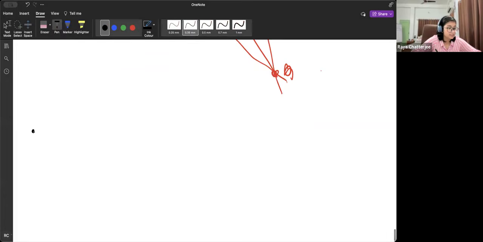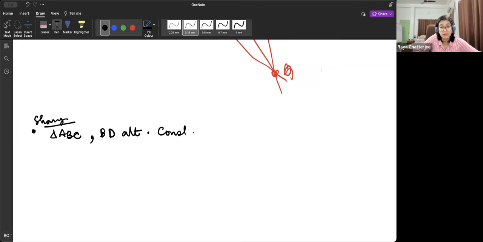This is a Sharygin problem. I don't know the year. It's from the book. ABC is a triangle where BD is the altitude. Construct the circle with BD as diameter.